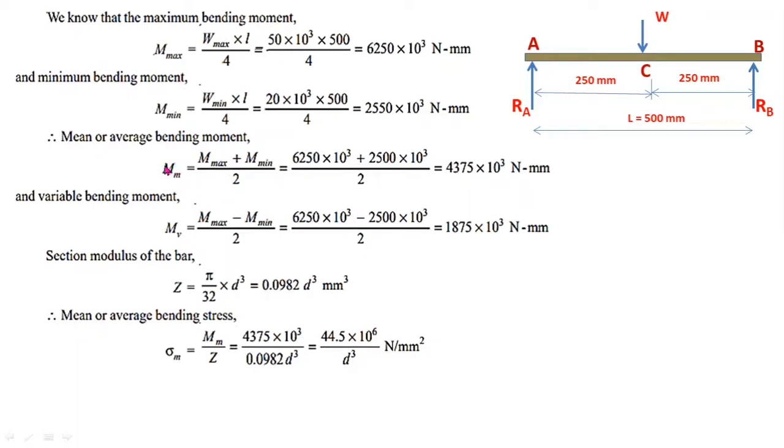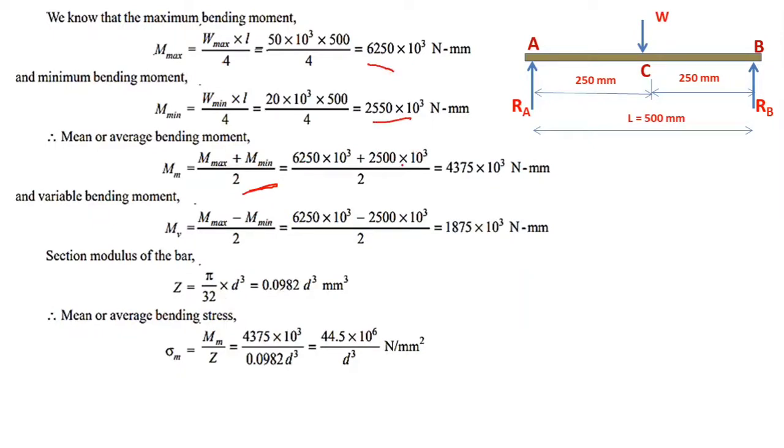Now the mean or average bending moment. Mean bending moment, Mm, equal to maximum bending moment plus minimum bending moment by 2. Maximum value equal to 6250 and minimum value equal to 2550.